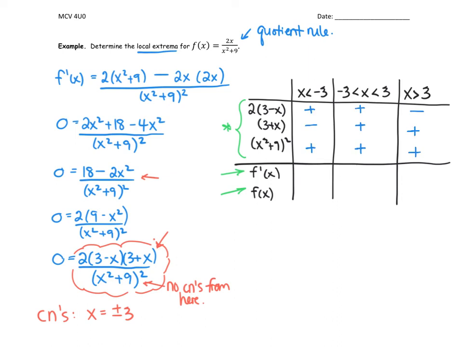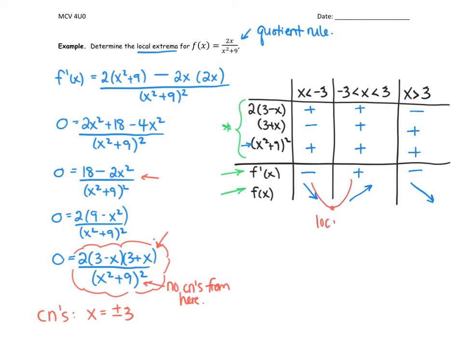Okay, here's what I got. Note this row, always positive, right? Okay, overall, here we have negative. That means our function is decreasing. Overall, here we have positive. That means our function is increasing. And overall here we have negative. That means our function is decreasing. So here our function is going from decreasing to increasing.